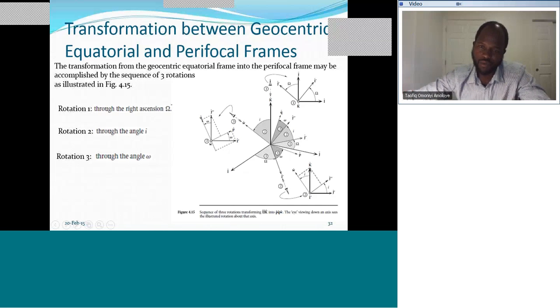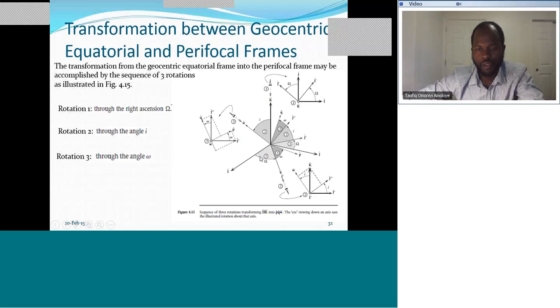We are going to look at each of the rotations individually so that we won't get confused. The first rotation is through the right ascension from the node line. The right ascension is denoted by capital omega.